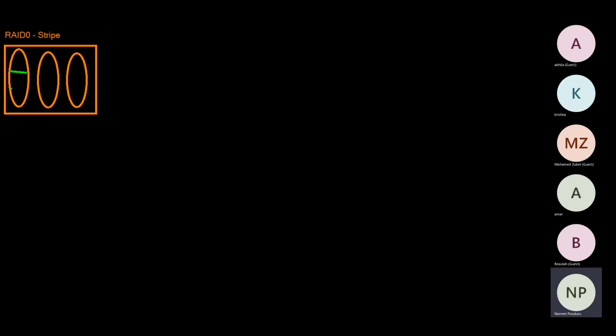That means the total number of stripes I'll have is 3 only. It will write the data parallelly, right? RAID 0 means stripe. In the striping mechanism, it will write the data across all the stripes parallelly.